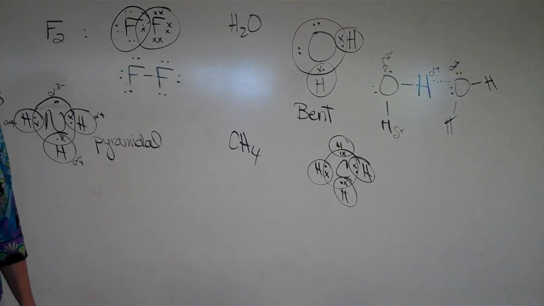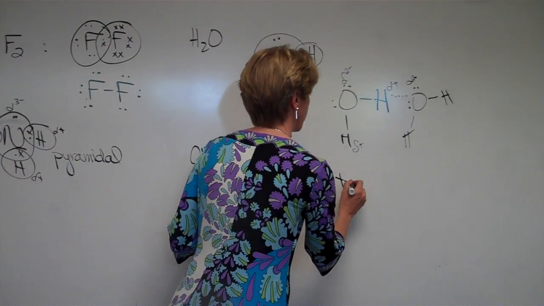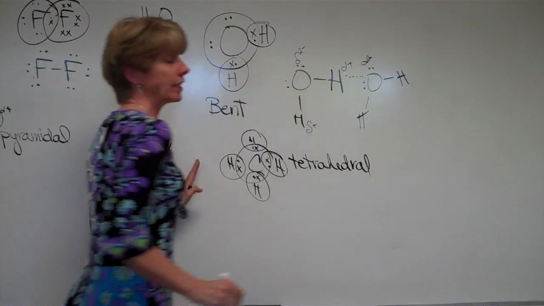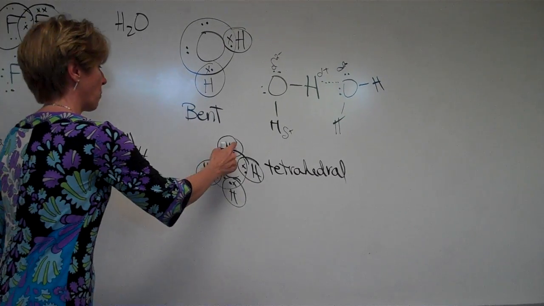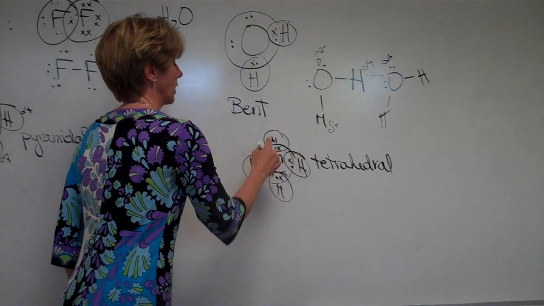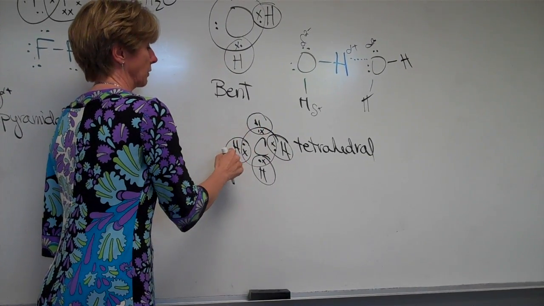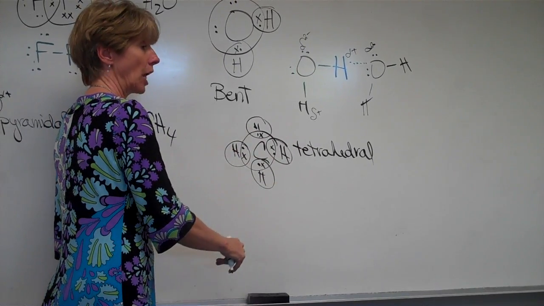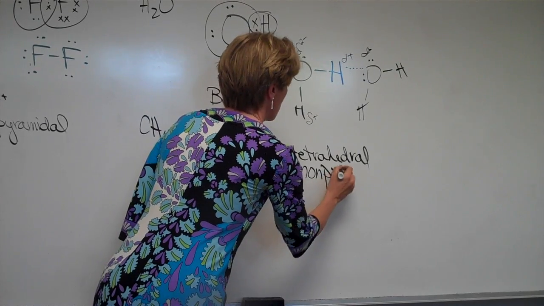Now what's really interesting about this molecule is the shape of it is tetrahedral. Tetrahedrals can be symmetrical if the 4 atoms around it are the same. So because there are 4 hydrogens around it, this molecule is symmetrical, and as such, the molecule is nonpolar.